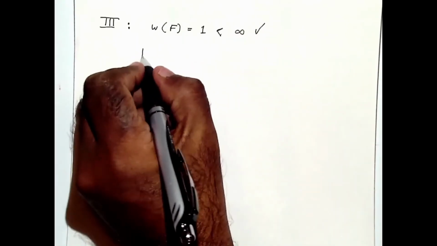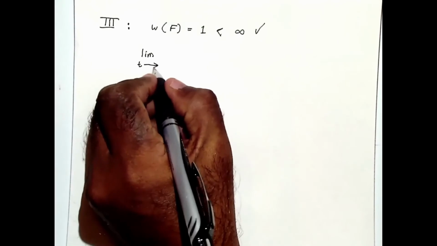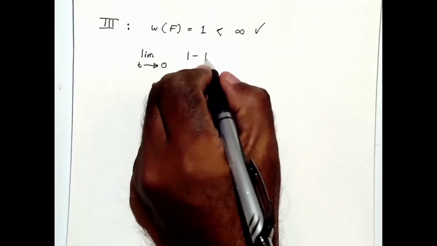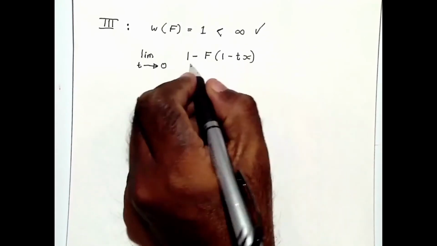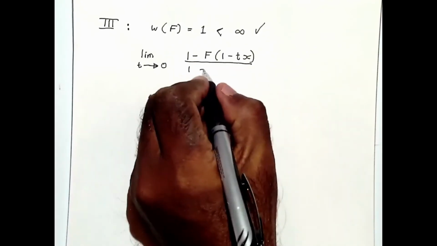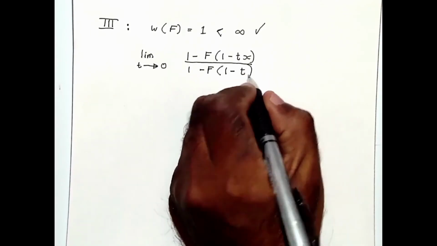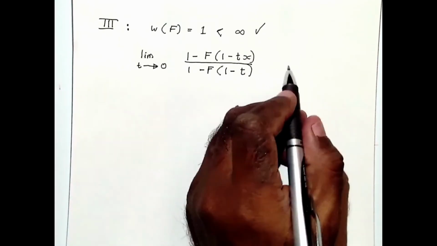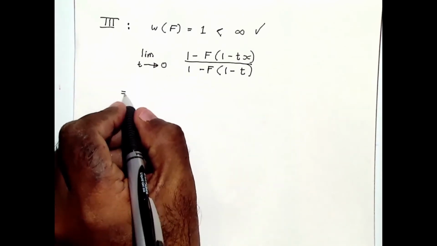And also the limit as t approaches 0 of the following must be equal to x to the power alpha, where alpha is a positive real number.